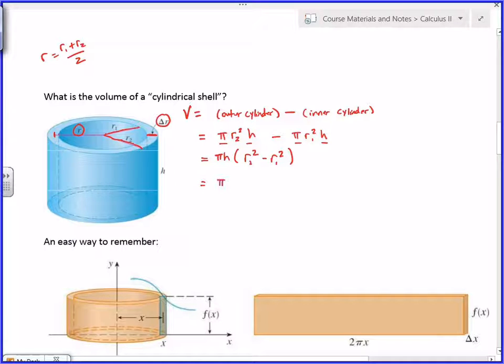And here's where somebody got creative. They factor the difference of squares. You have r2 plus r1 and r2 minus r1. Right? Because the difference of squares is just a squared minus b squared is a plus b, a minus b.